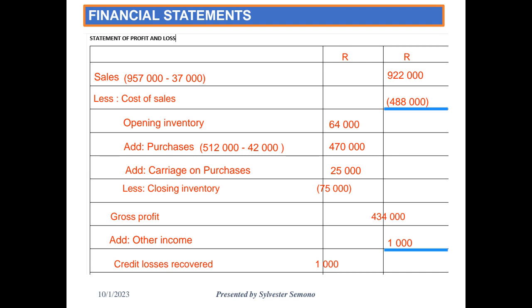All right, are you okay so far? The financial statements have about three statements. One of them is the statement of profit and loss. Let me write it down for you here.